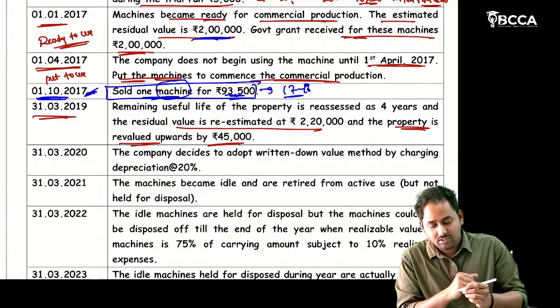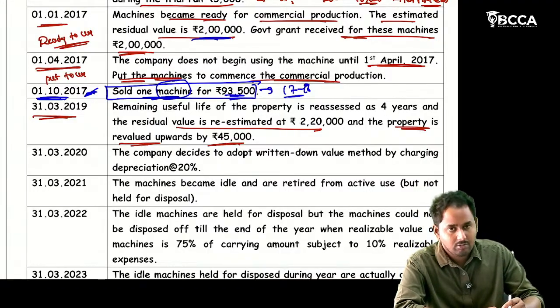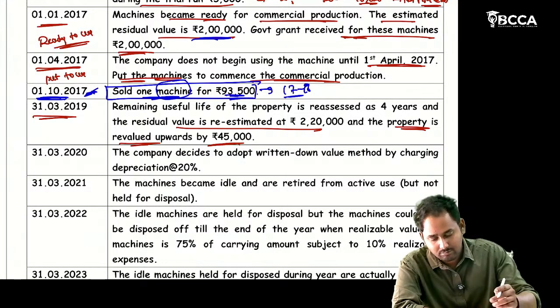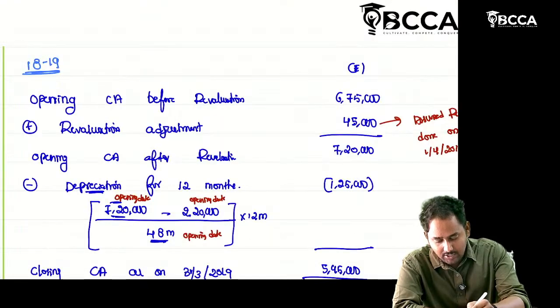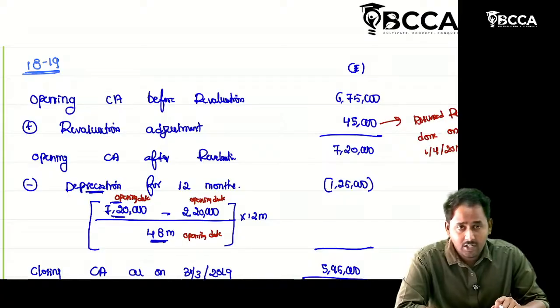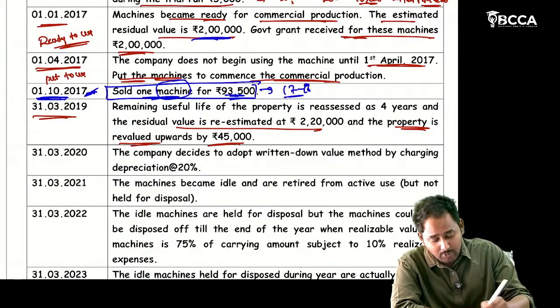On which date? 31st/3/19. But am I providing the revaluation gain on 31st/3/19? Here it has happened during 18/19. Assume it happened on the revaluation. The property is revalued upwards by 45,000.